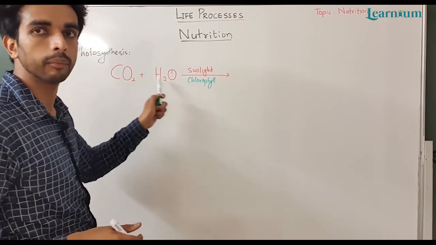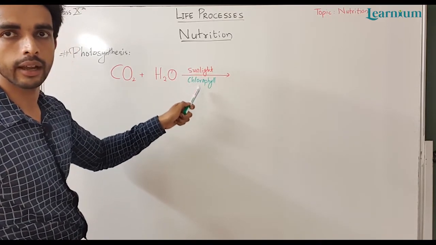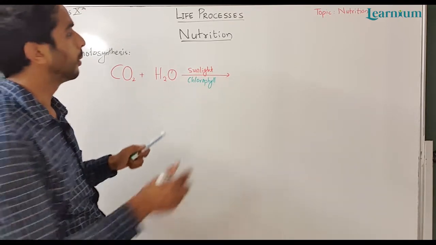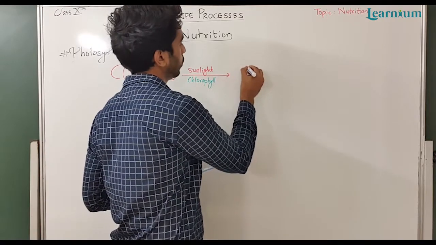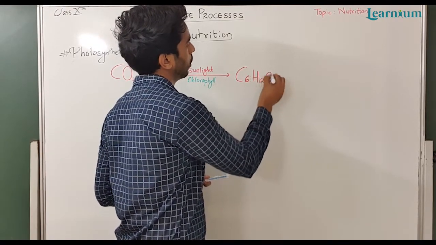Carbon dioxide plus water in presence of sunlight and chlorophyll provides glucose, that is C6H12O6.